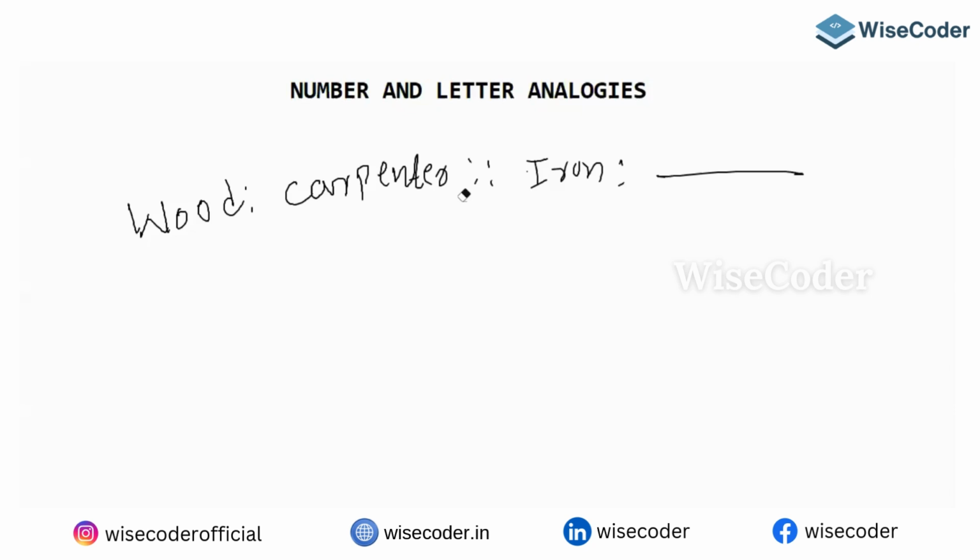Australia, kangaroo; India, dash. Australia is known for the kangaroo. Then India is what?